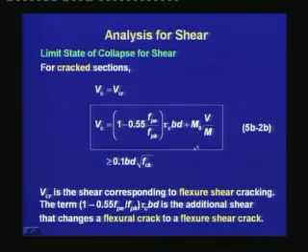Now, in this expression, there are two terms. One term, the first, is the additional shear that changes a flexural crack to a flexure shear crack. That means Vcr has two components.